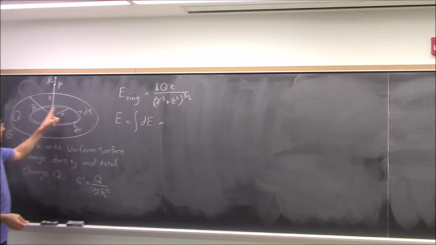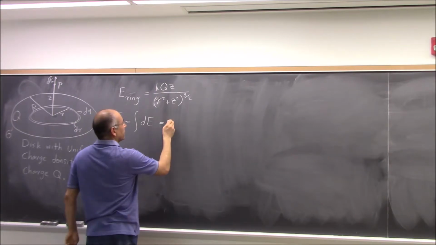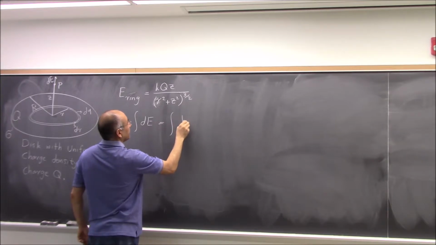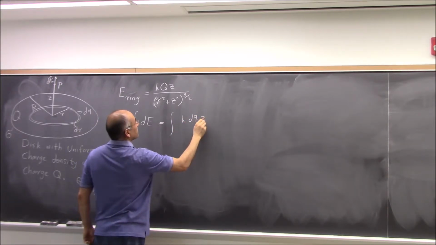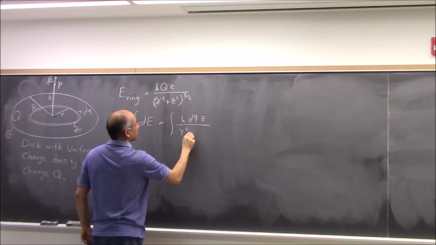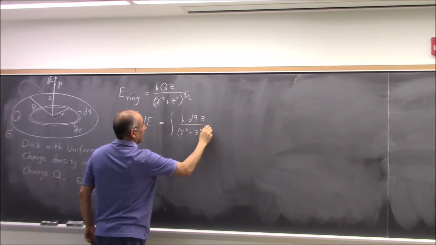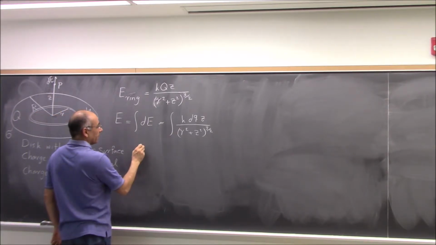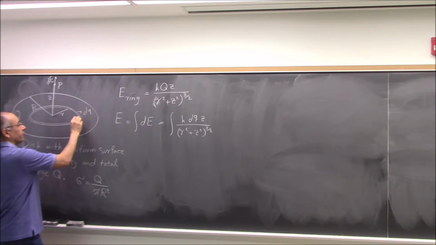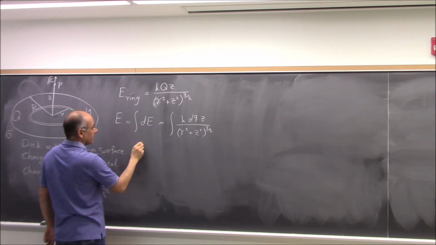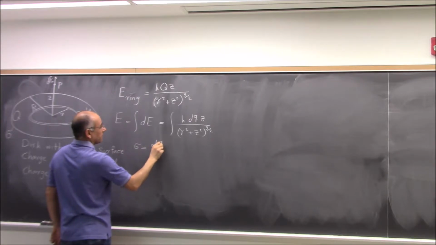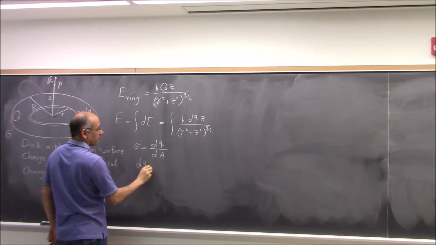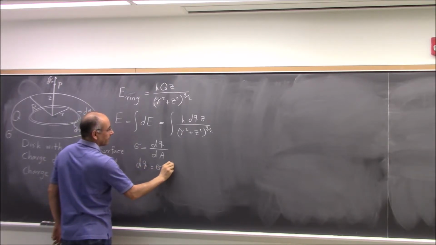dE is that of the ring, with the appropriate parameters: integral of k dq z divided by r squared plus z squared to the 3/2. And then what is dq? Because this has charge dq and area dA, sigma is dq divided by dA, and dq therefore is sigma dA.